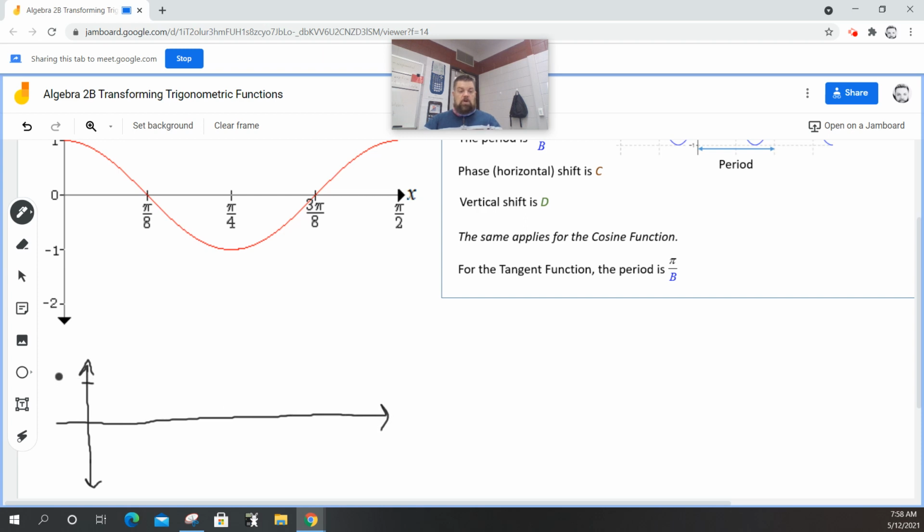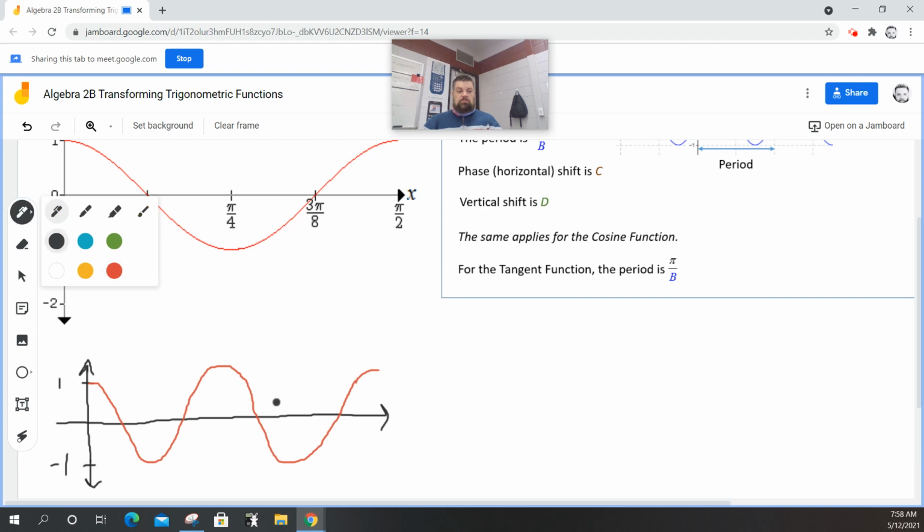It goes from 1 to -1, and it has a period, and it starts right here and comes down and around and down and around. But the period is 2 pi, just like sine.